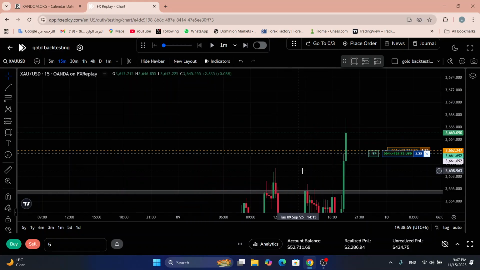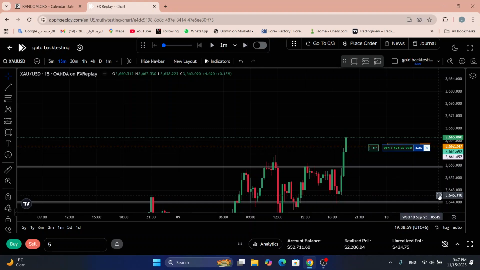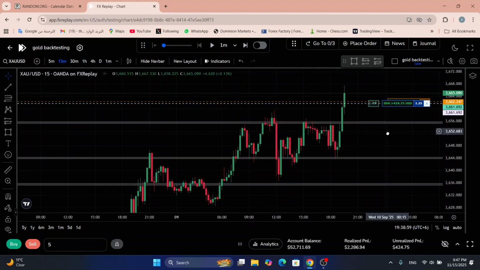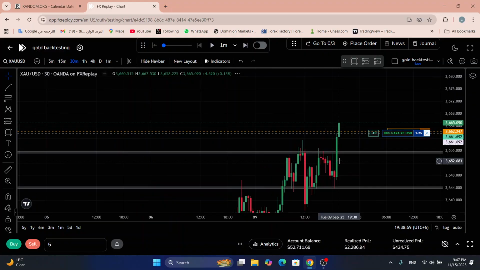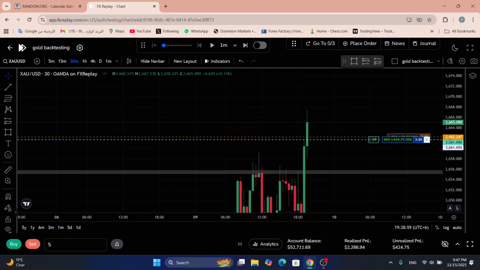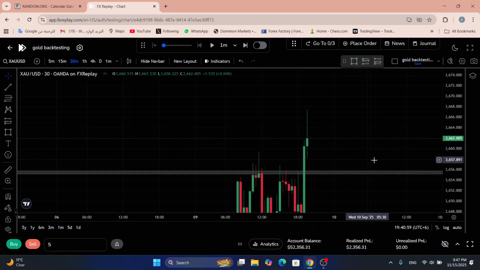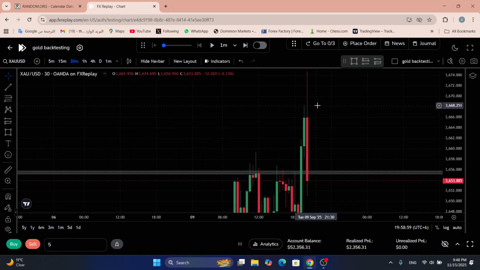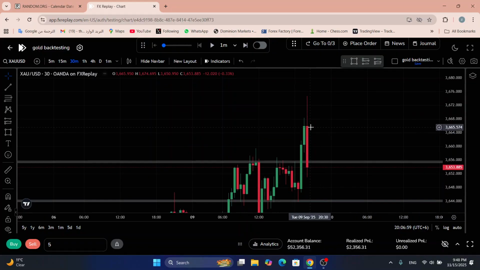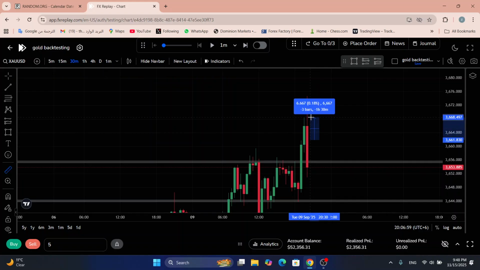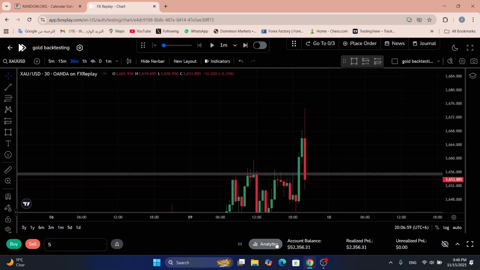The reason I took this trade is that whenever gold breaks its all-time high, it never goes back, or it just moves like minimum 100 pips or something. So that's why I took this trade. It was a really nice trade, executed perfectly. I believe now it will keep moving up. Oh, look at this rejection over here, but it moved like 66 pips, which was more than enough for our trade.